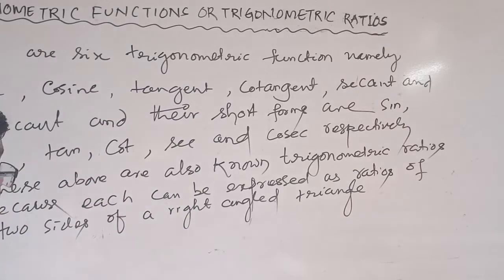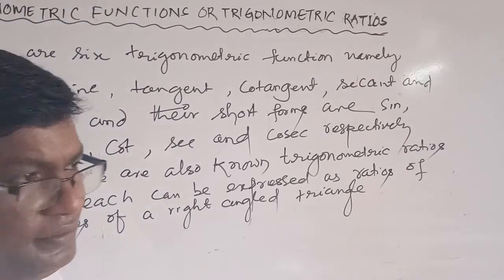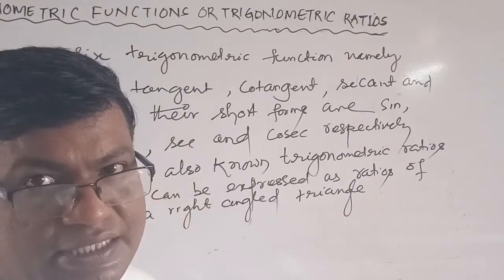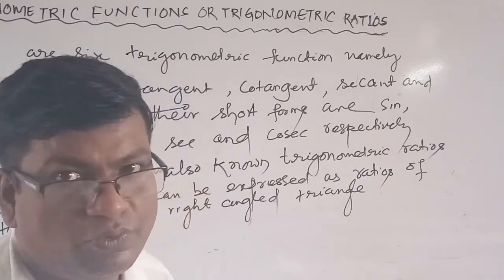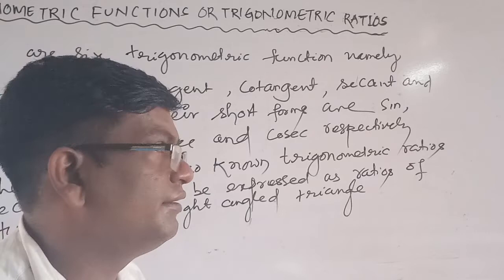These are called trigonometric ratios because each and every can be expressed as a ratio of two sides of a right angle triangle.